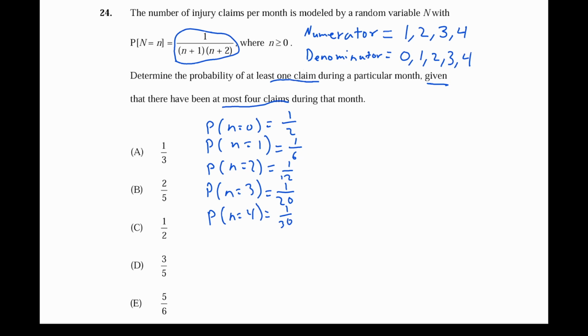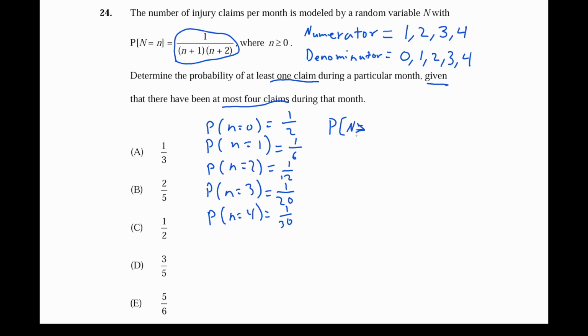Now we just have to match the scenarios to whichever ones we need in the numerator and whichever ones we need in the denominator, right? So this is going to be the function that is supposed to look like the probability of at least one claim, right?